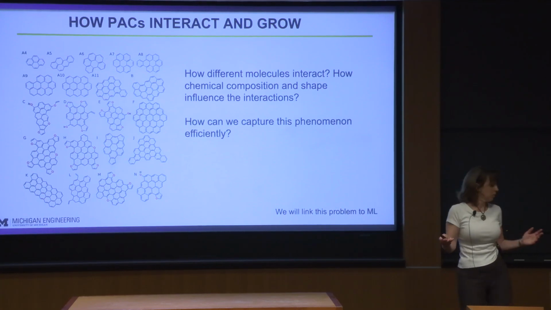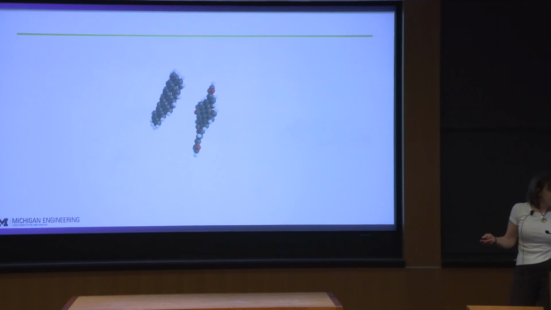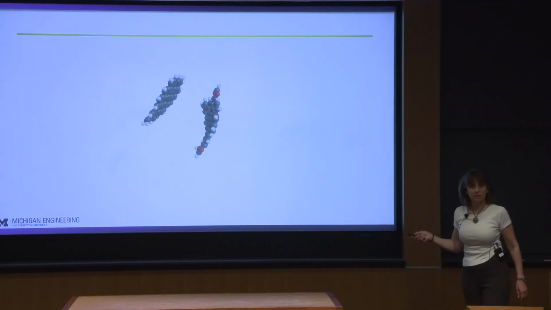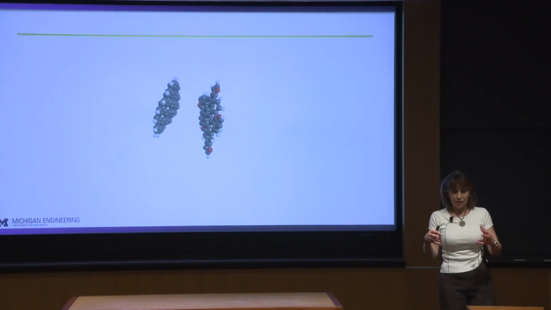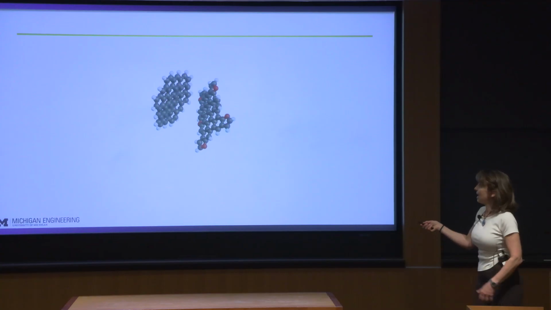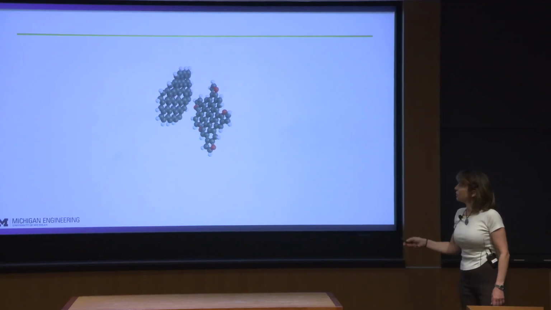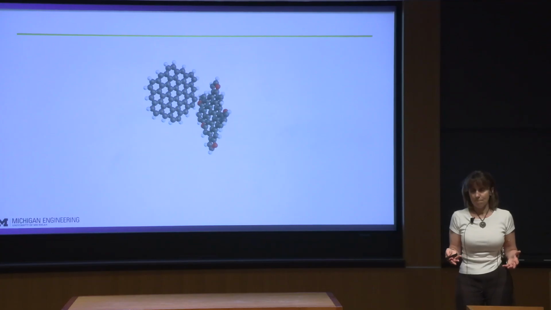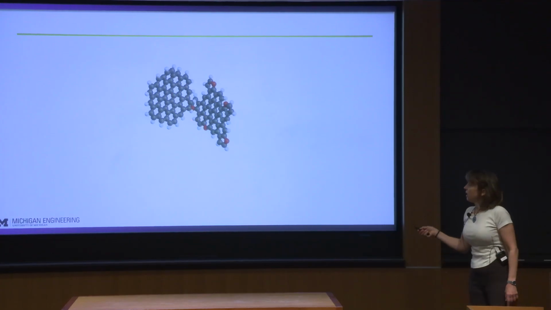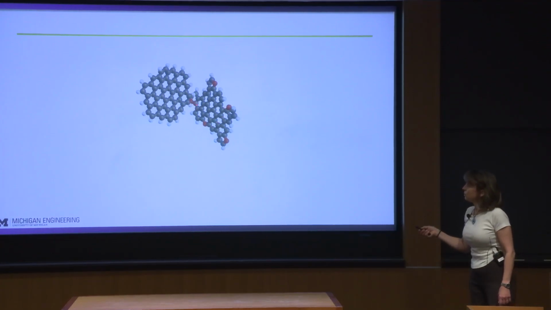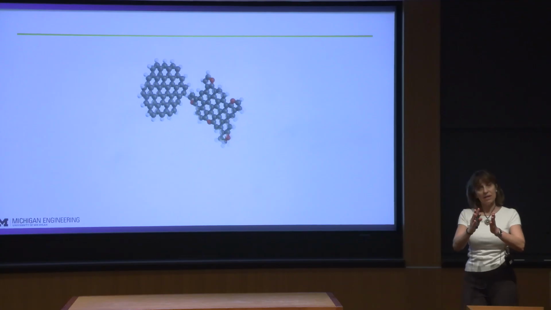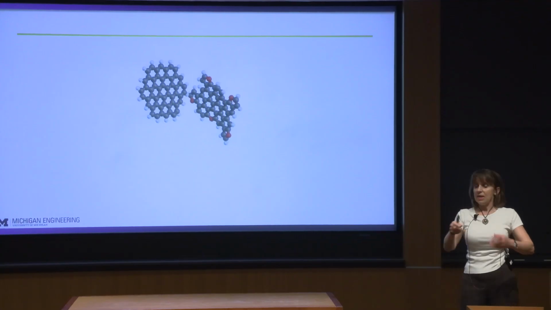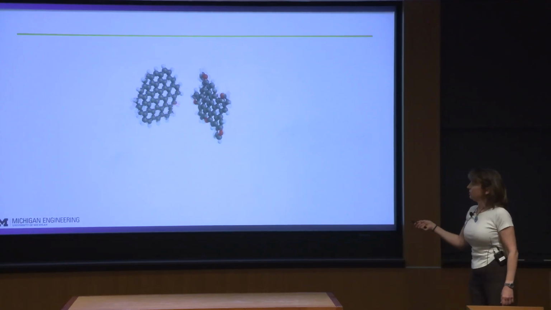So I have all this pool of structures. What I am interested in is something like this. I want to put a bunch of them, we started with the dimers, in a box, and I want to see how they interact with each other. So you see what they are doing, they are moving also. You can see something that becomes parallel, they become orthogonal, so this is a lot of interesting behavior.